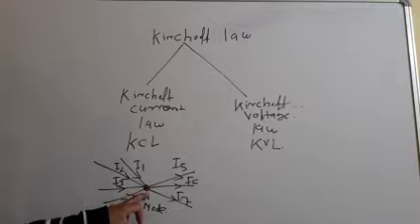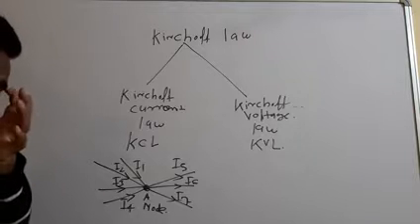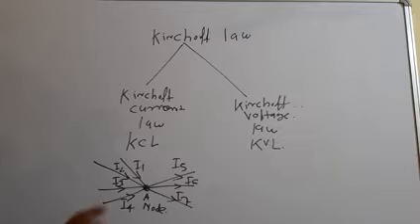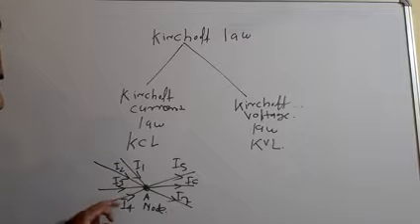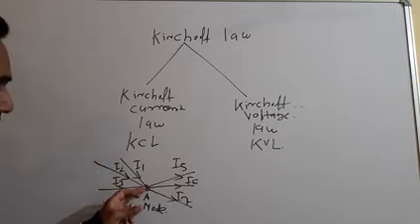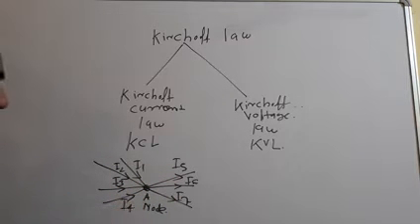So at this node, what are the incoming currents? Looking at the figure, we observe I1, I2, I3 and I4 are incoming currents, but I5, I6, I7 are outgoing currents.